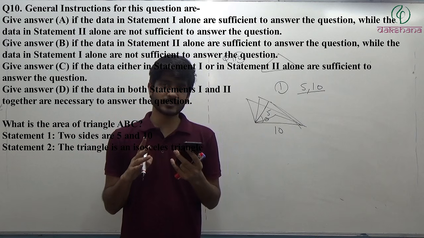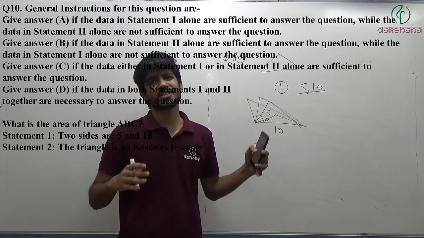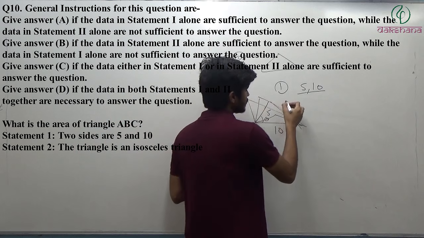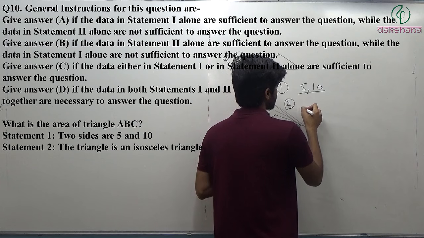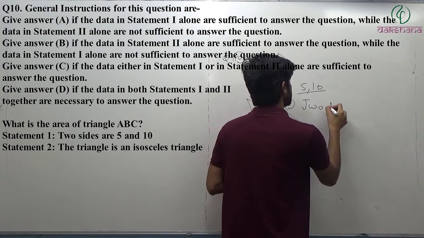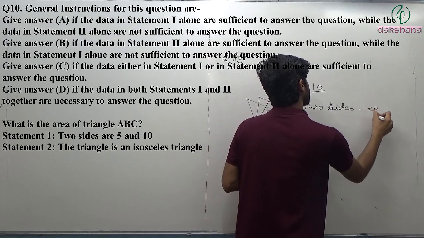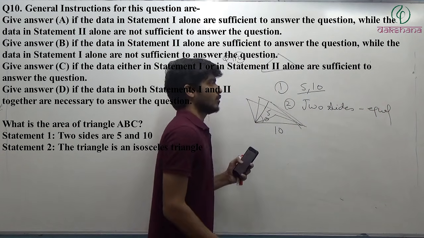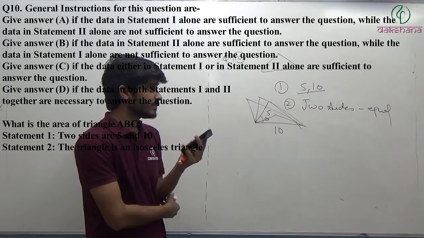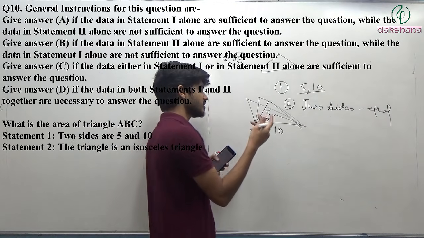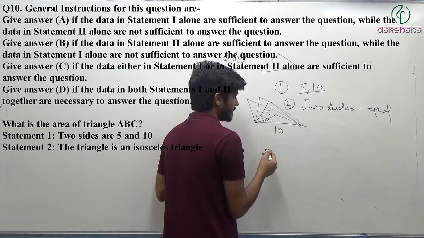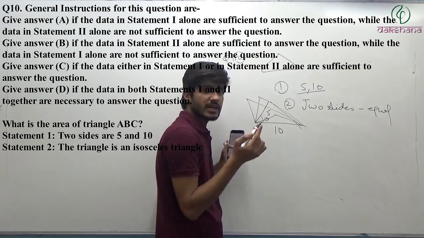Statement 2 says it's isosceles, which means two sides are equal. Now which two sides? Can there be many options from here? Let's see. We know one property of a triangle: the sum of any two sides.